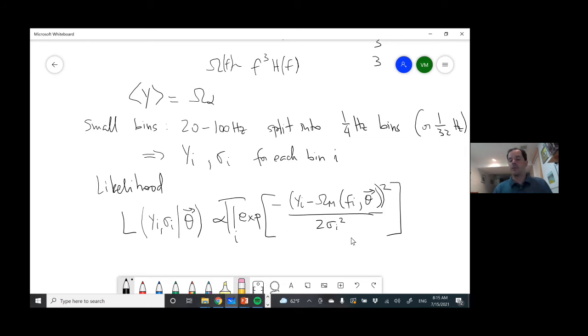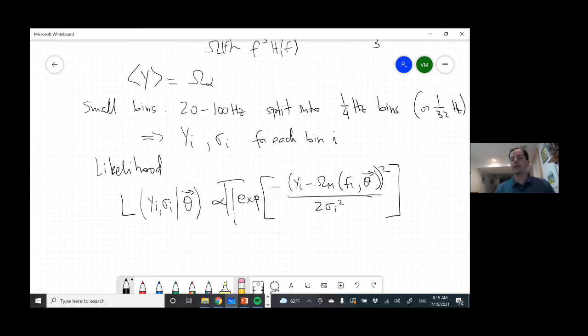So we can write this down for each frequency bin, and since the frequency bins are effectively uncorrelated and independent, the overall likelihood for the entire measurement across all the frequency bins would be the product of the likelihood functions in each bin.